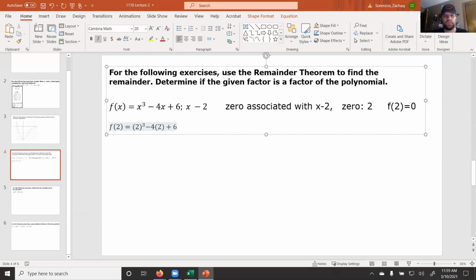My 2 cubed is 8. 4 minus 2 is negative 8. That's 6. So positive 6. That's not 0. So it is not a factor.